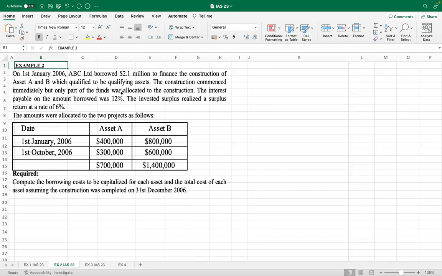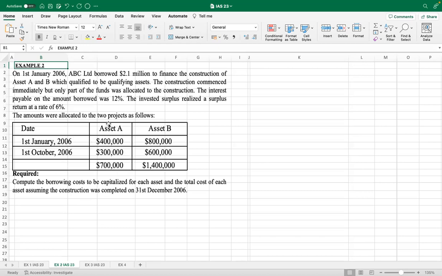Remember, 2.1 million was borrowed to finance the construction of asset A and asset B. Asset A took a total of 700,000. Asset B took a total of 1.4 million. When you take 700,000 plus 1.4 million, it gives you 2.1 million.